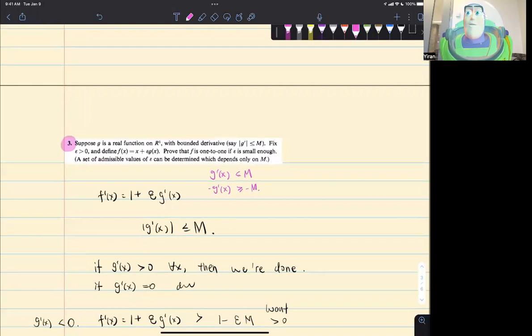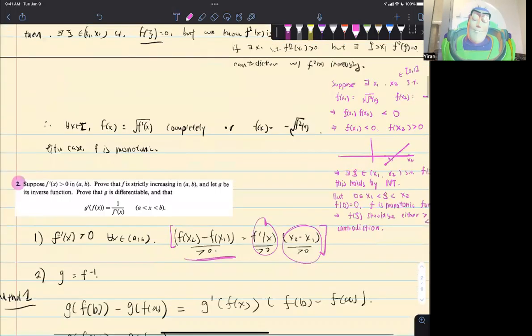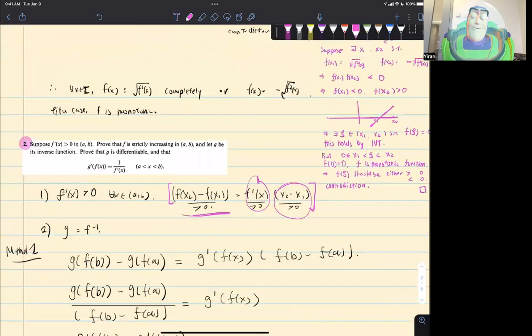And F is strictly monotonic if and only if the first derivative of F is strictly larger than 0. I think we proved earlier that F is 1 to 1 if and only if F is strictly increasing or strictly decreasing.